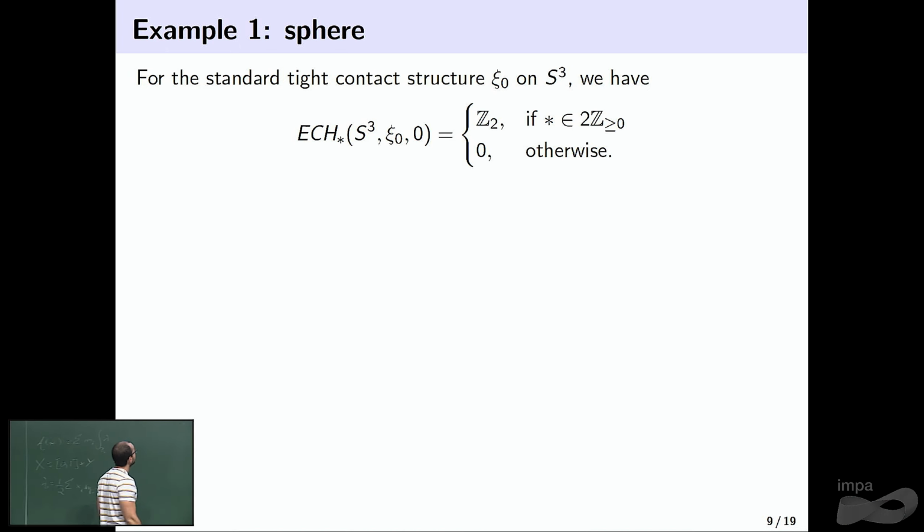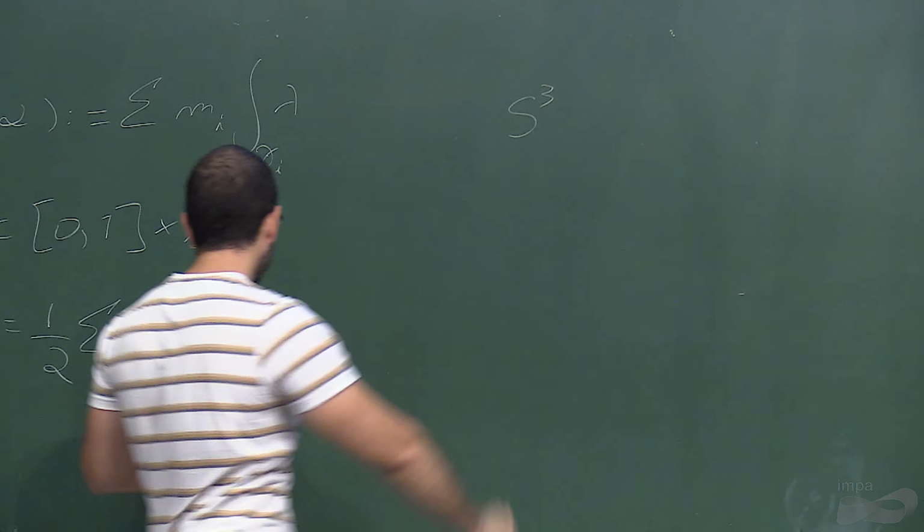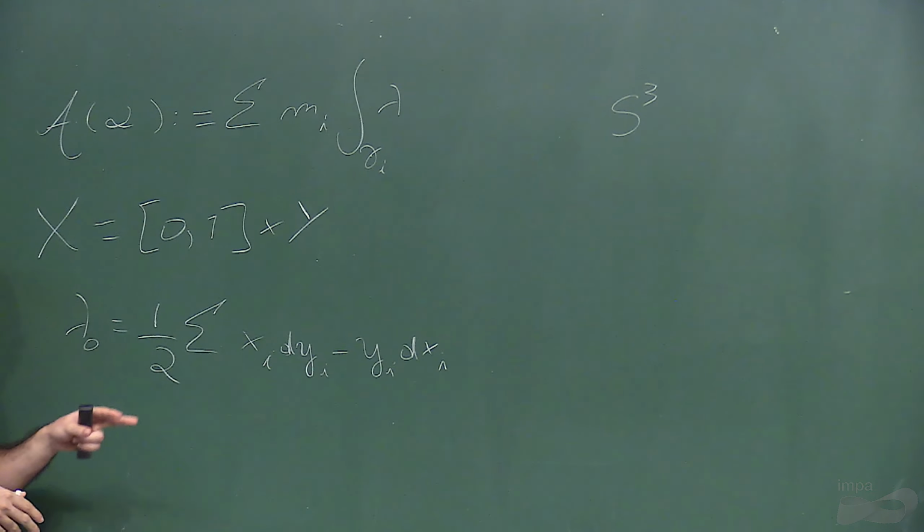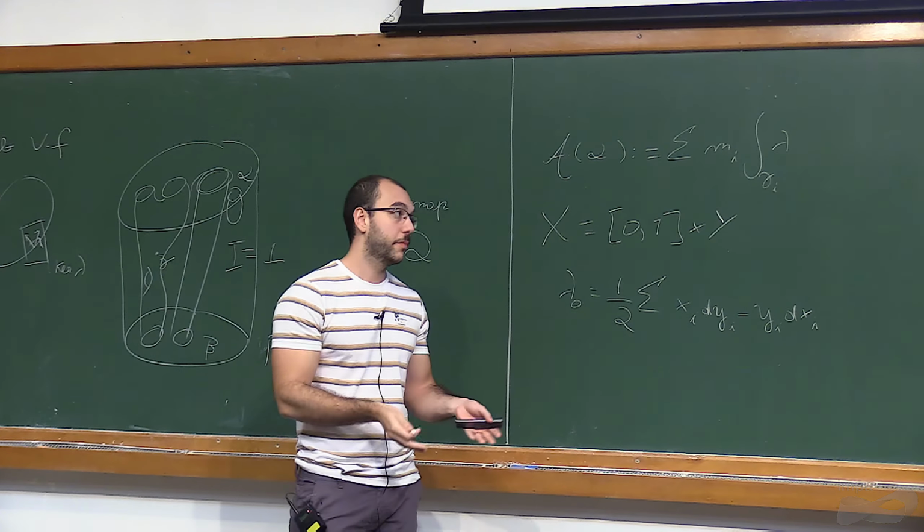But the other way to do this is a different way. You consider this contact form, which is pretty degenerate. So for this contact form, we don't have a well-defined ECH chain complex because this is super degenerate. Like this is Zoll. So all the Reeb trajectories are closed and have the same action.